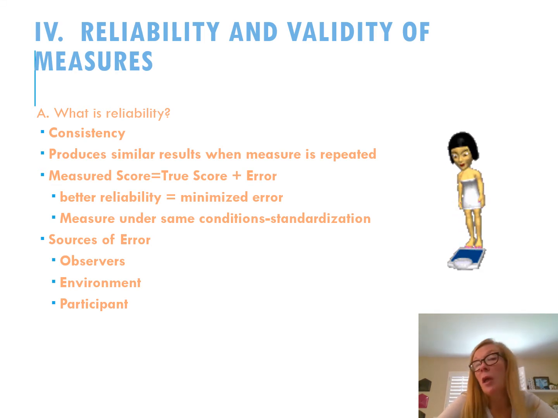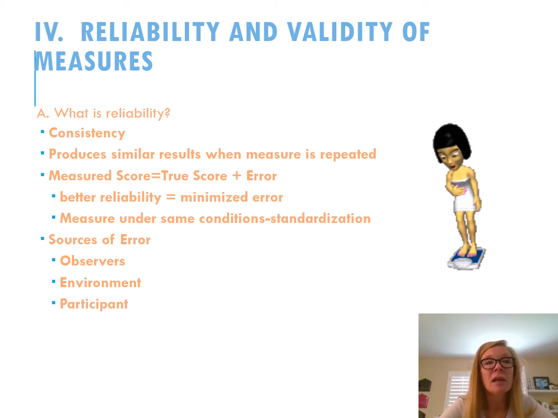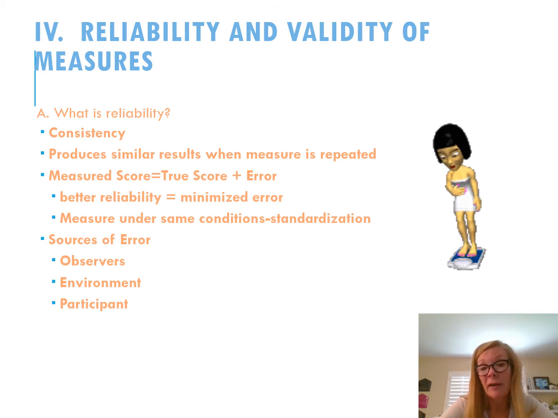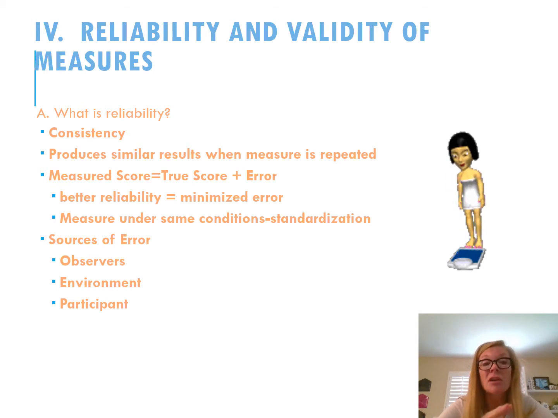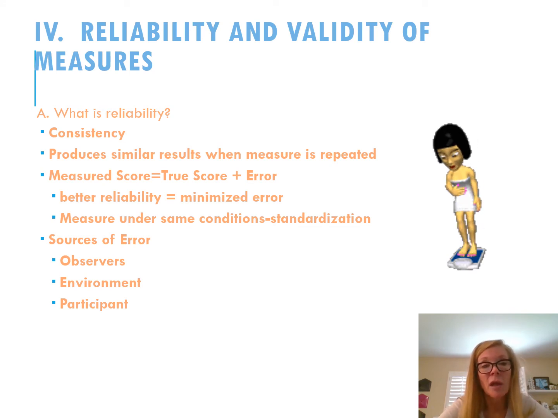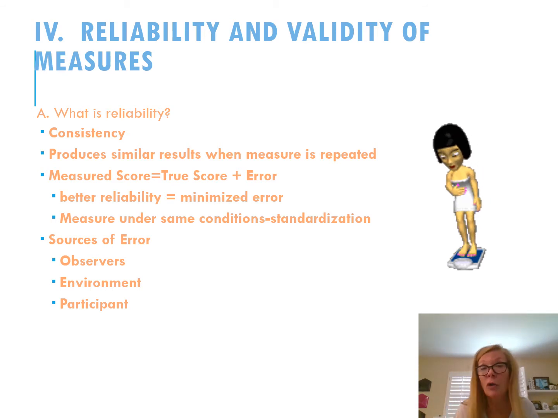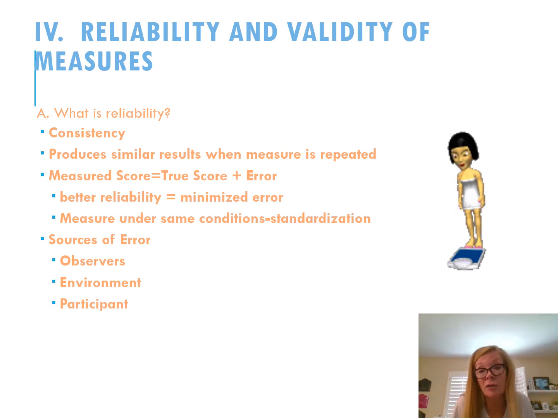If I'm giving that same IQ test in a noisy or dimly lit environment, then the error is coming from the environment, and that's reducing reliability. And third, error can come from the participant. Sometimes participants are hyper or hungry or shy or tired.